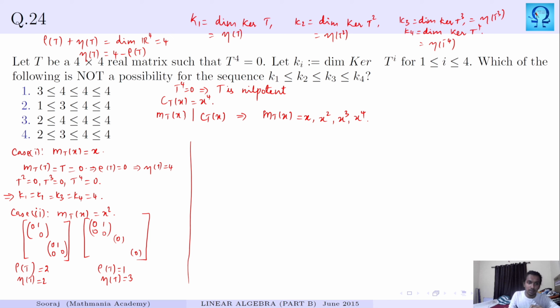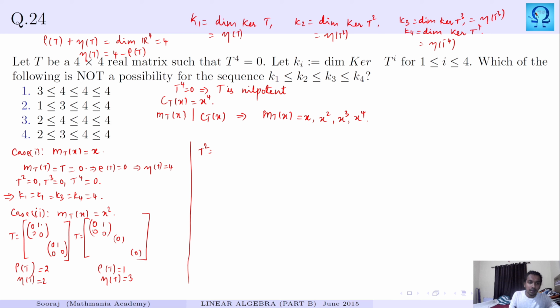If you treat this as your matrix T and try to find out what is T square, you get one non-zero entry in the second position. So if you have any non-zero entry in the second column, then that will give you a non-zero entry.